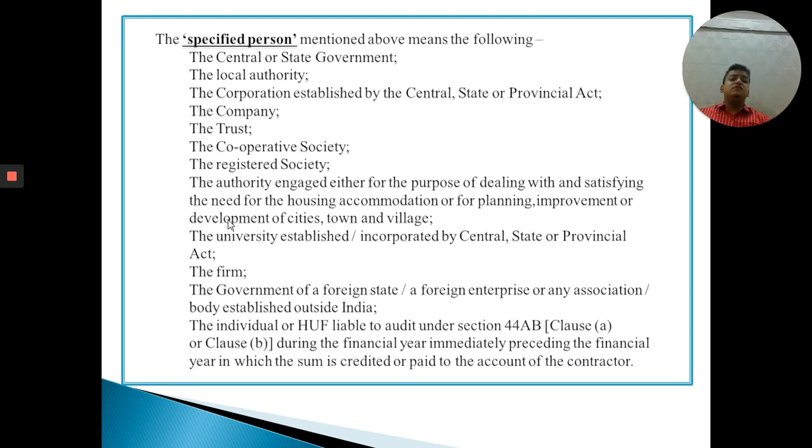The specified person mentioned above means the following: central government or state government, local authority, corporation established by a central, state or provincial act, the company, the trust, the cooperative society, the registered society, the authority engaged either for the purpose of dealing with and satisfying the need for house accommodation or for planning, improvement, development of cities, towns and villages, the university established or incorporated by a central, state or provincial act, the firm, the government of a foreign state, a foreign enterprise or any association or body established outside India, the individual or HUF liable to audit under section 44AB, clause A or B during the financial year immediately preceding the financial year in which the sum is credited or paid.